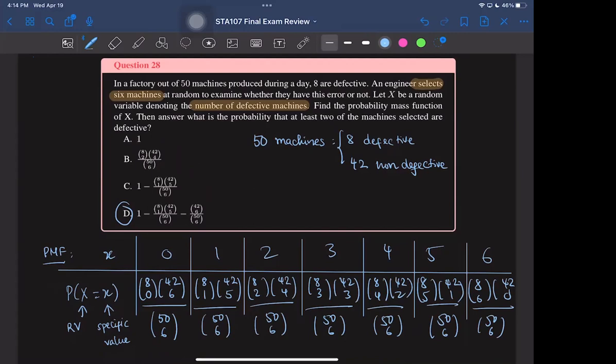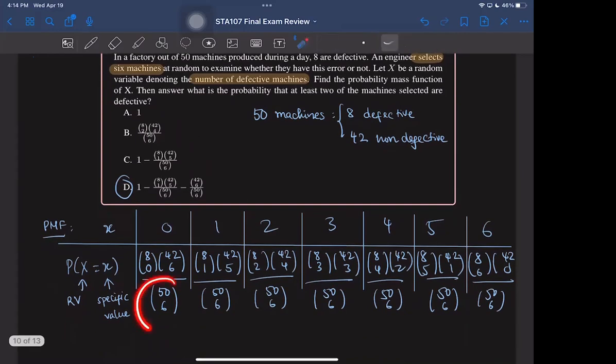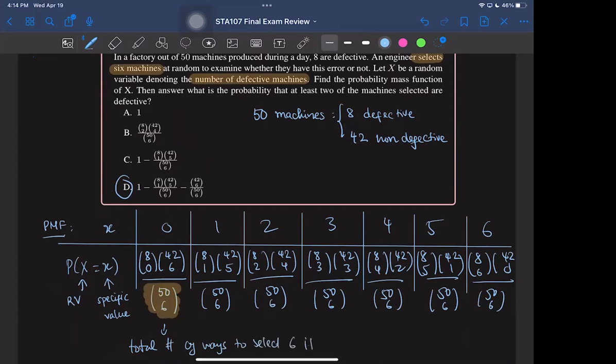Why do we divide by that amount? Because it is the total number of ways to select 6 items. We have 50 machines in total. So the number of ways that we can randomly sample 6 machines is out of 50 machines, we choose 6.